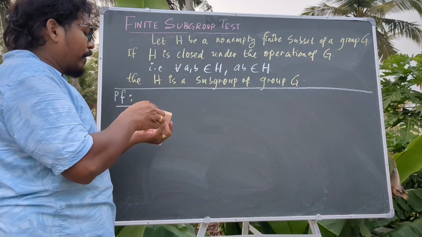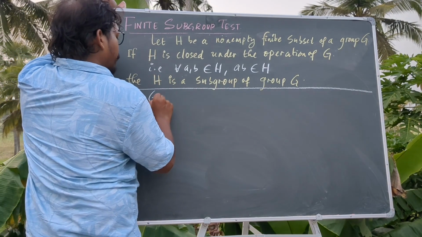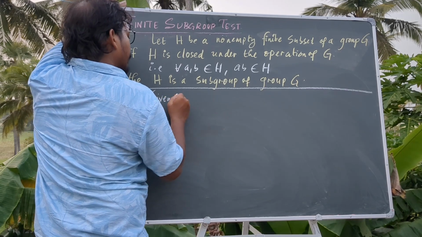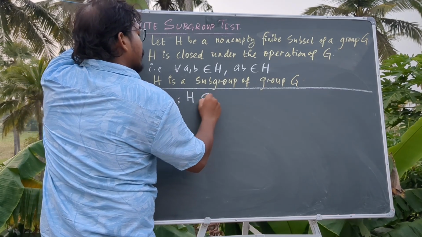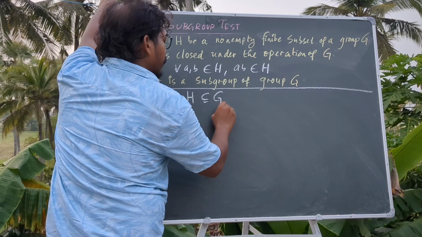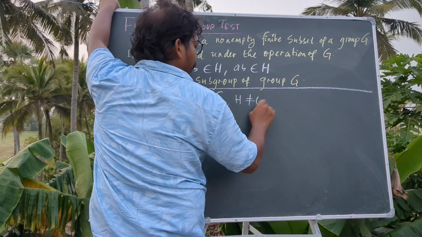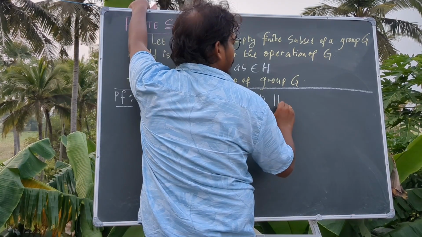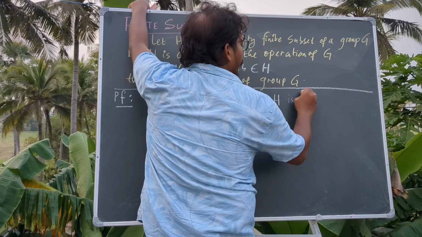So let me write what we have been given first. Given: H is a subset of group G, H is non-empty and H is finite.